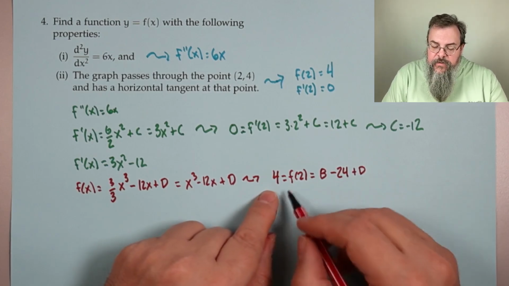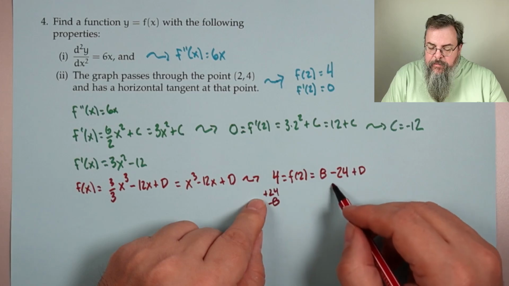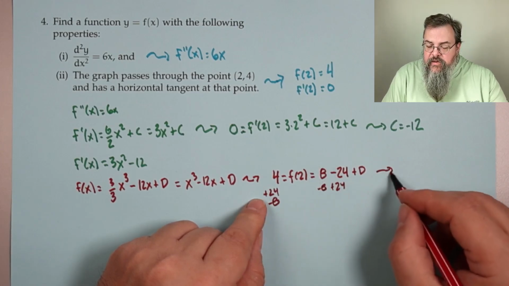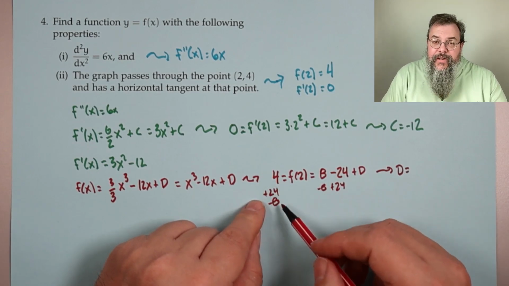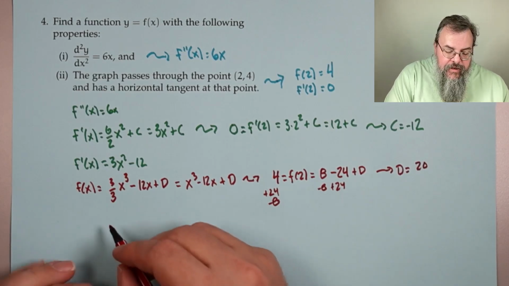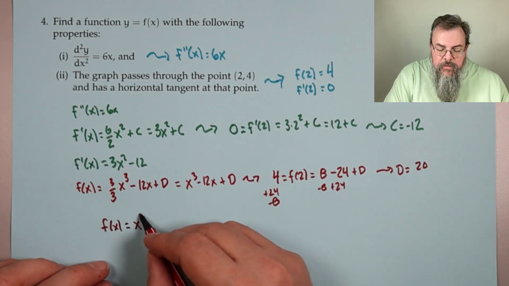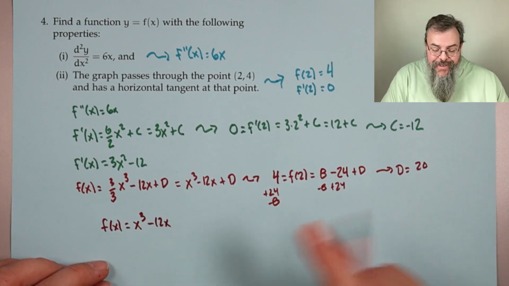And if you add 24 and subtract 8, what's going to happen? Do it to both sides. We're going to get just the constant d on one side. 4 plus 24 is 28. 28 subtract 8 is 20. So we get that f of x is equal to x cubed minus 12x plus 20.